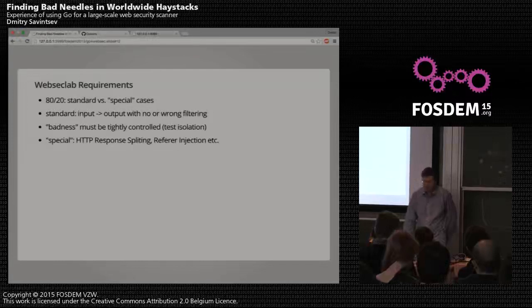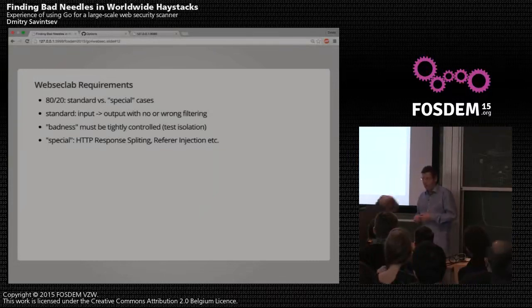So the requirements: many cases are like a standard one. You get an input, the input is not filtered or filtered incorrectly, and it goes into output. So input with no filtering. But the output has to be tightly controlled.